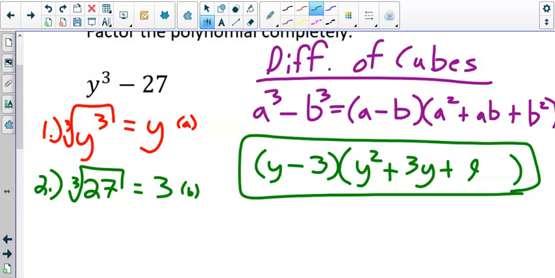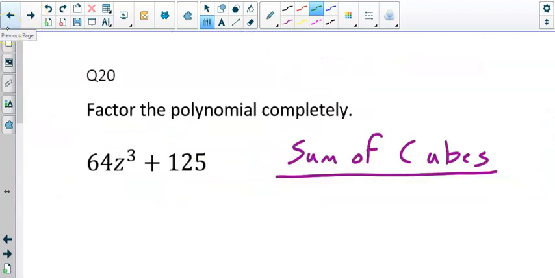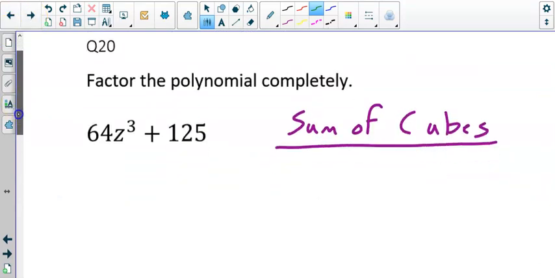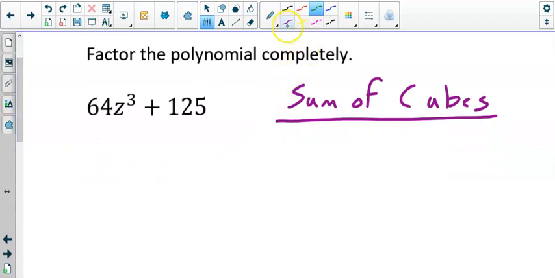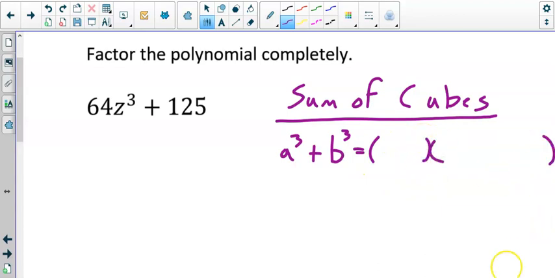Okay? Same thing's going to happen on this guy, but instead of a difference, it's a sum. So let me show you what that formula looks like. So in the sum of cubes, you've got a cubed plus b cubed. Here's what the equation looks like. So the first parenthesis is now a plus b because you're dealing with a sum. And then the second parenthesis, it's going to look a lot like what we just had with one small little difference.